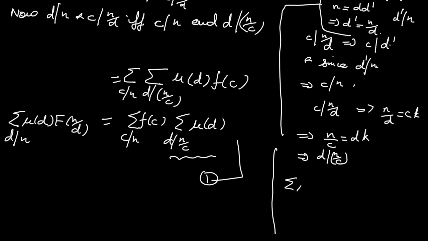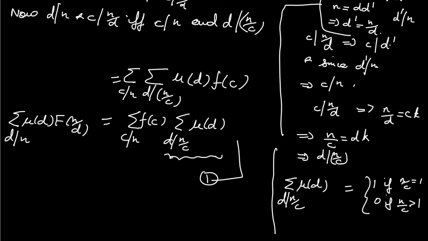Now, considering the summation of mu of d, where d runs over the divisors of n upon c, this will be equal to 1 if n by c is equal to 1, and equal to 0 if n by c is greater than 1.